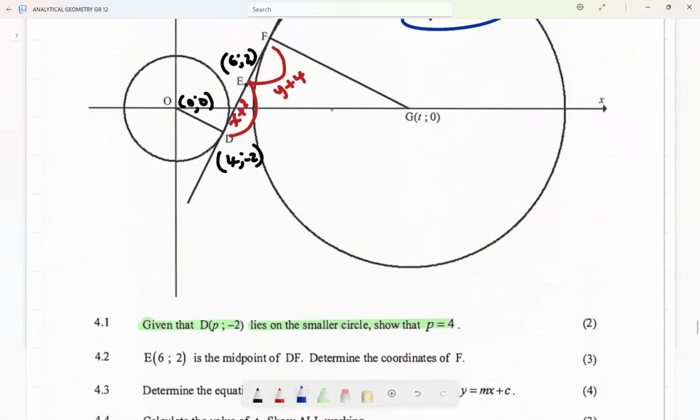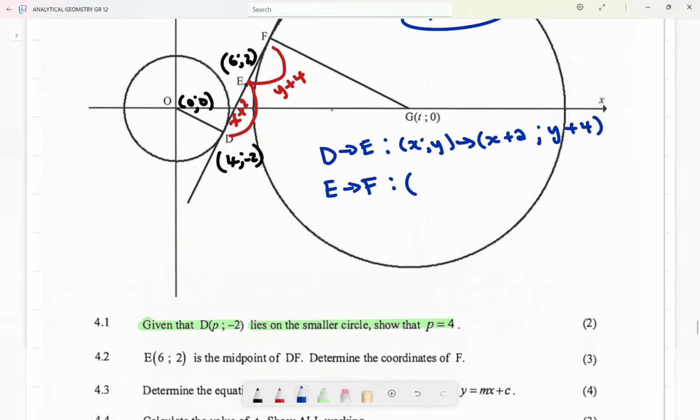Translation. From D to E, the X added 2 and the Y added 4. So from E to F, the same order will follow.